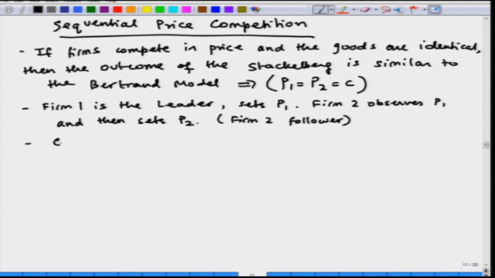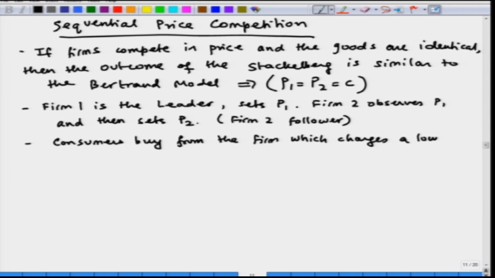So, consumers buy from the firm which charges a lower price, and we will assume that there are no capacity constraints.